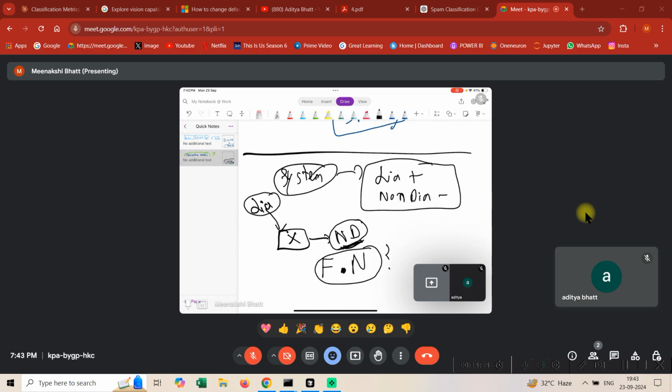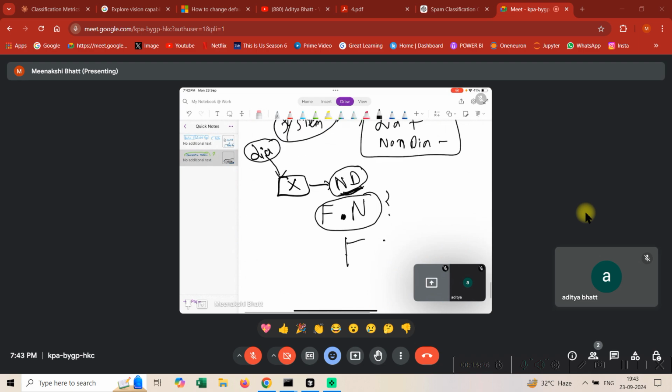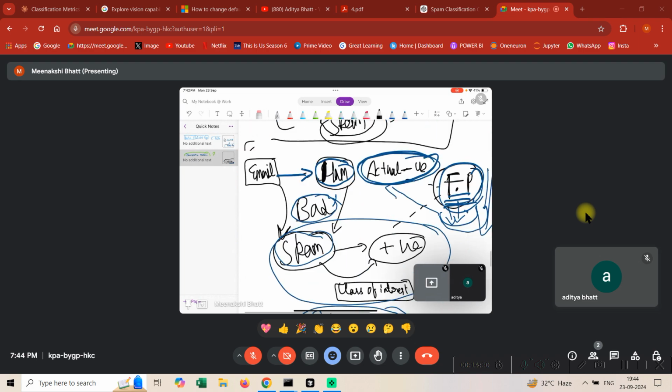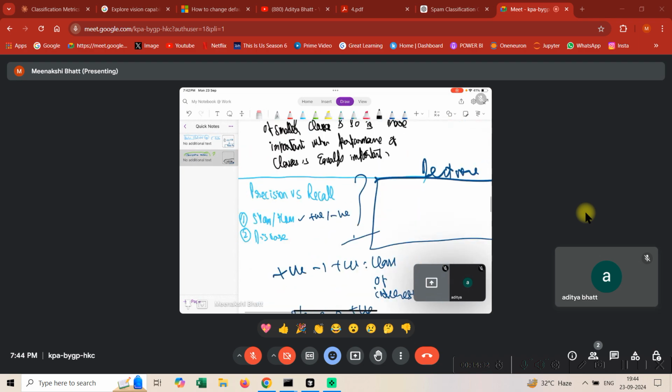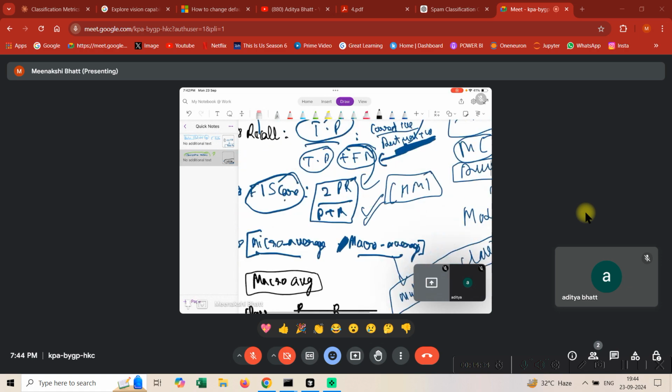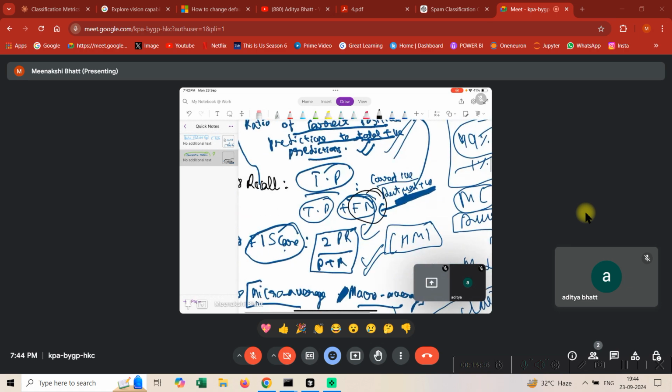So if you want a system where false negatives are reduced, you would go with recall. See, FN is there. And whenever you want to have a balance of both the situations, go for F1 score.